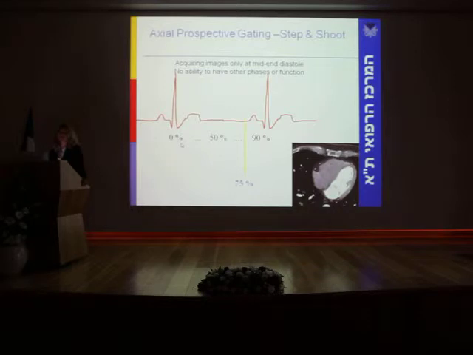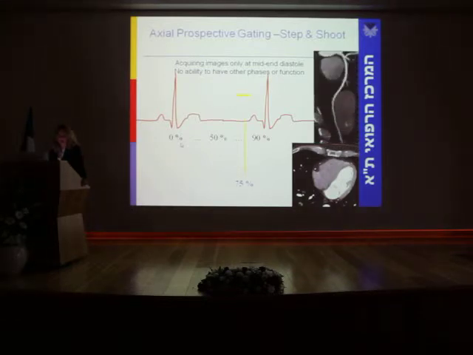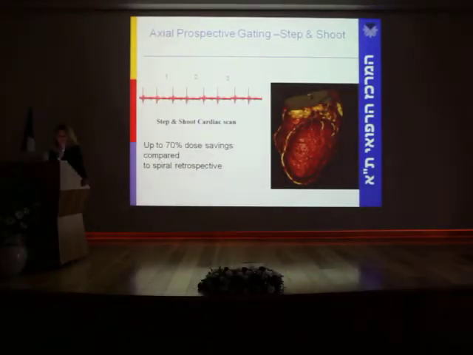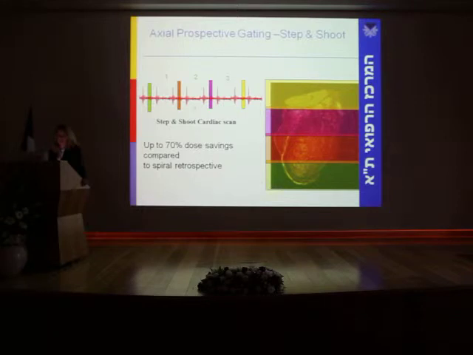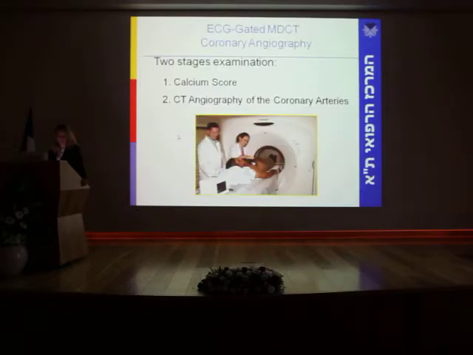If the patient has a stable, slow heart rate, we can get wonderful images with significant radiation savings. This is how it goes on a 64-slice scanner: one step of radiation, then one step of table movement, and again 8 cardiac cycles, 4 are taken into account, and this is very low dose.